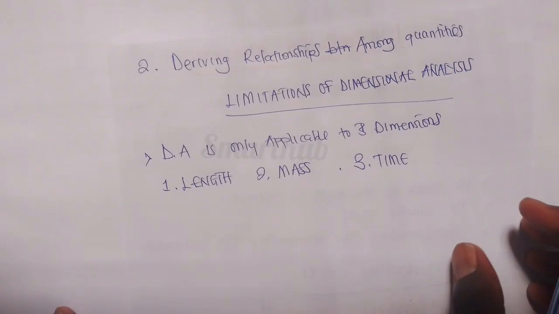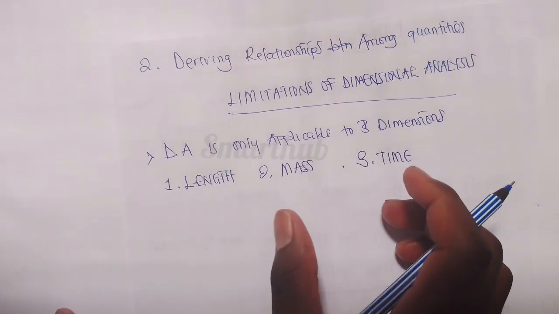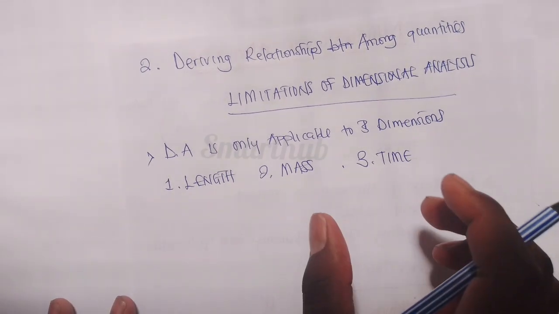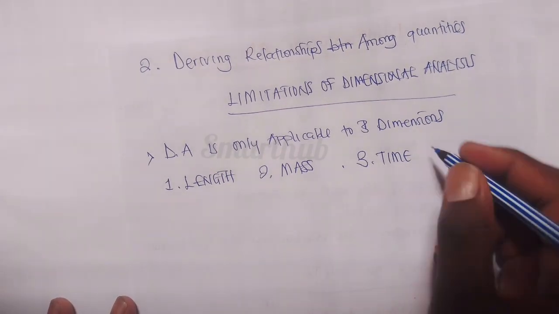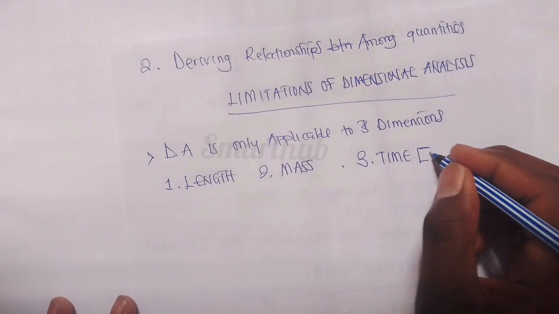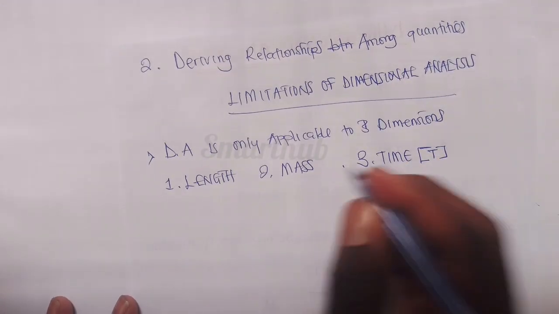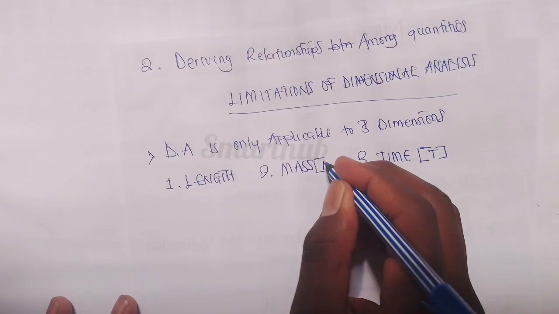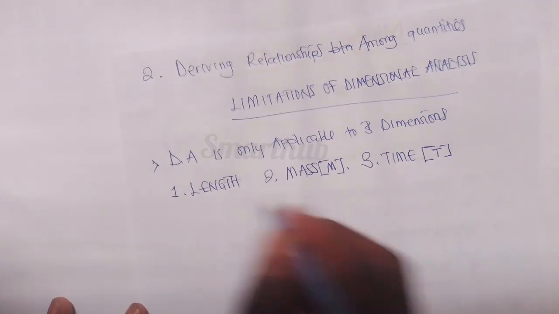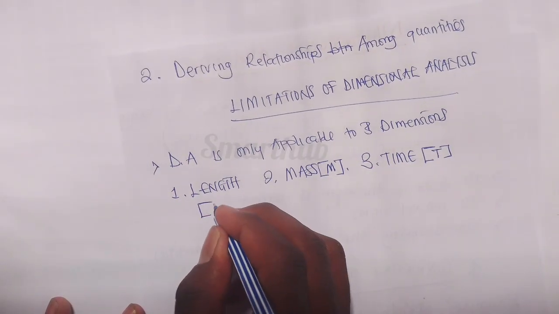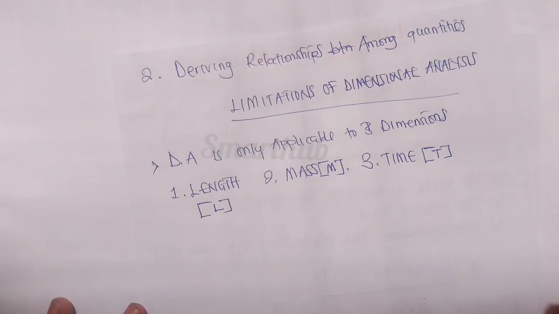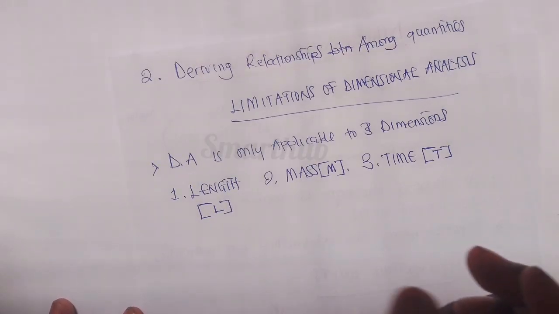Okay, then the units, the symbols. For time we use T, capital letter T. For mass we use capital letter M. Then for length we use capital letter L when it comes to dimension analysis.